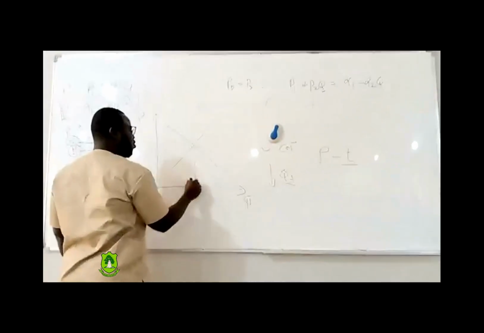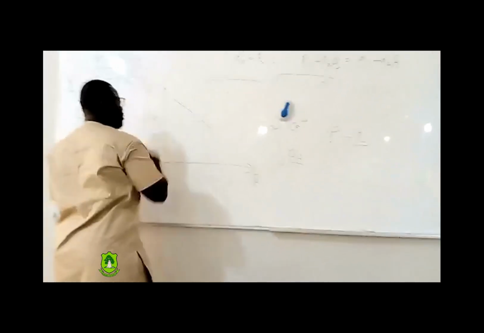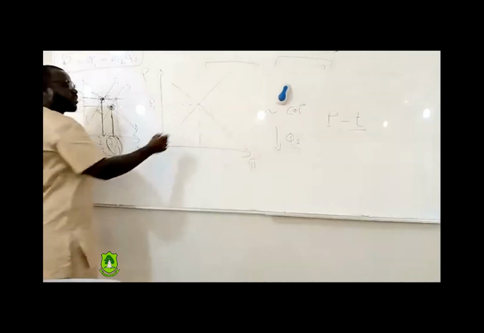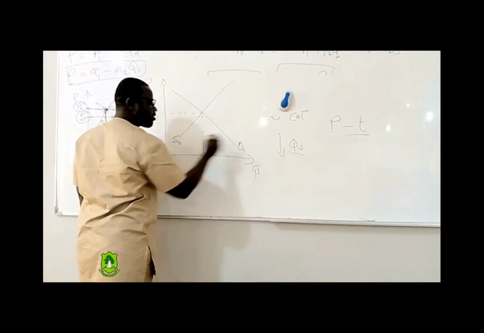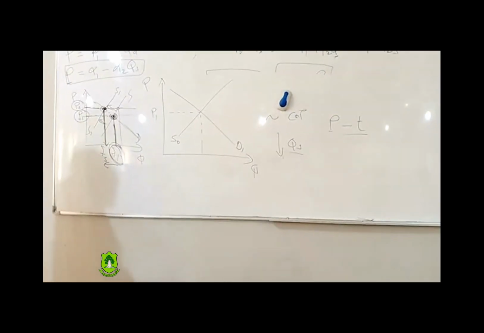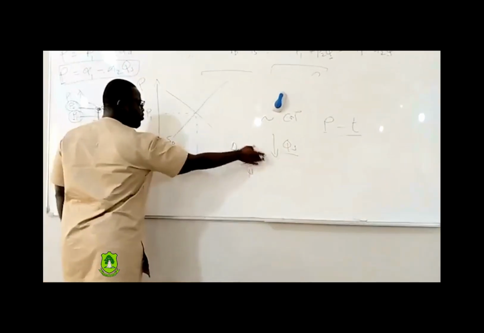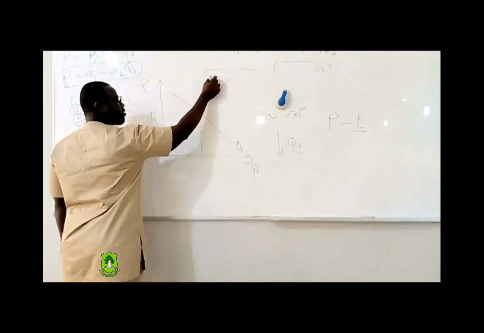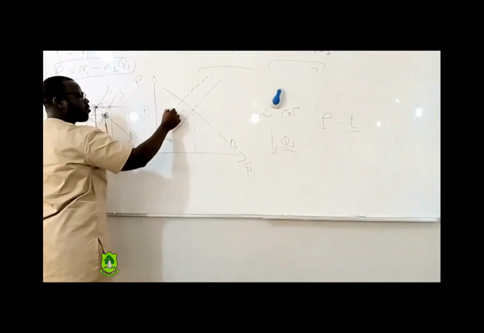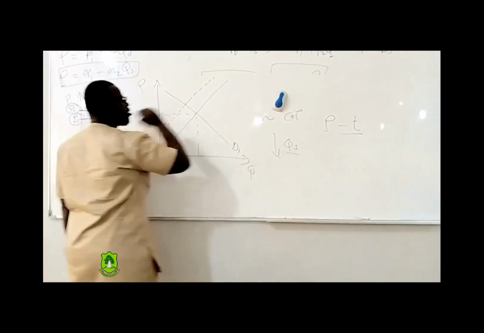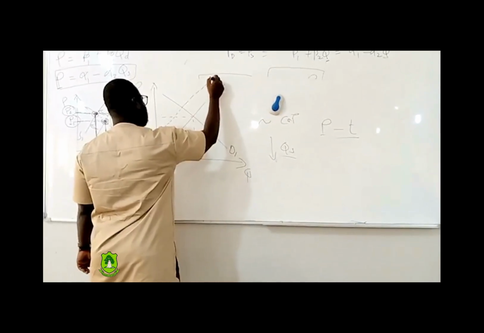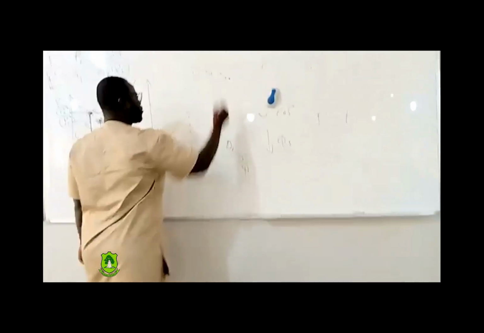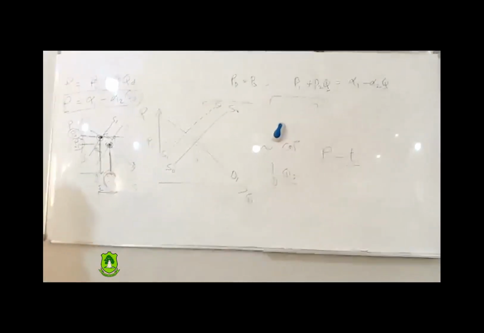This is the old price. Is that not it? This is the supply, let me say S0. This is demand 1. Taxes have been imposed, leading to a shift in supply, because of the increase in cost of production.